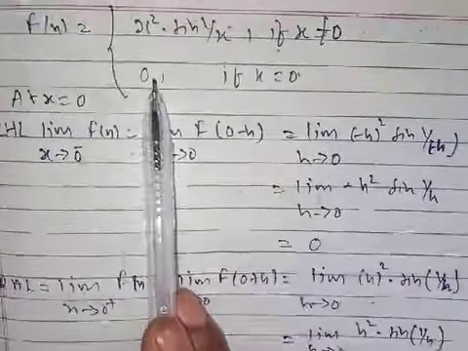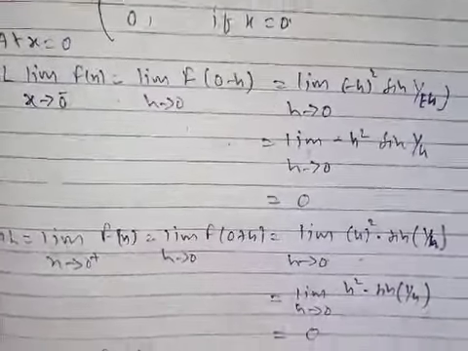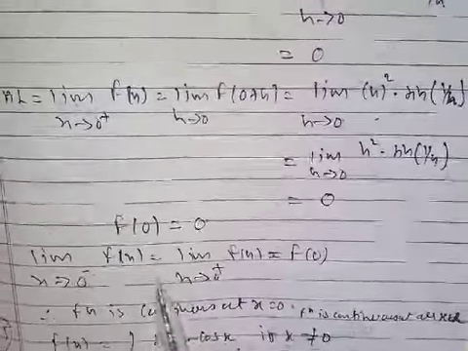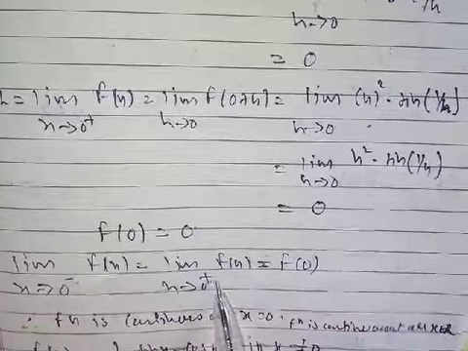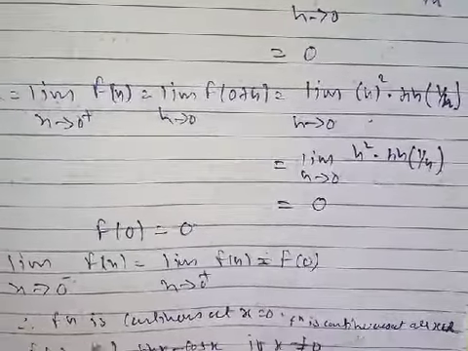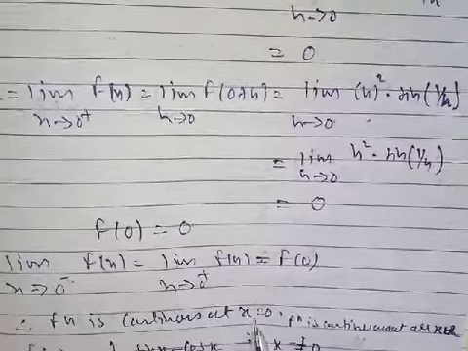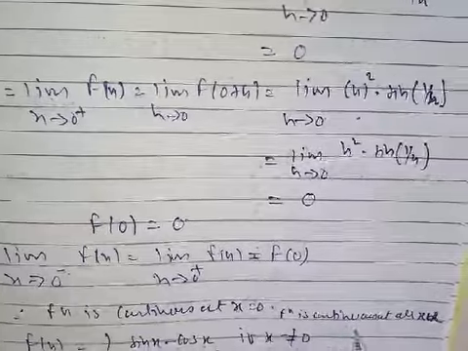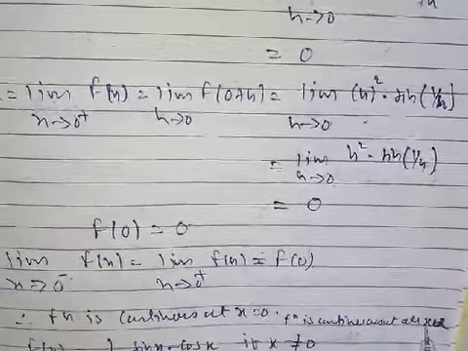When x is 0, the function is also 0. So f of 0 is 0. So we say the limit as x tends to 0 minus of f of x is equal to the limit as x tends to 0 plus of f of x is equal to f of 0, and therefore the function is continuous at x is equal to 0. Or we may also say that the function is continuous at all x.